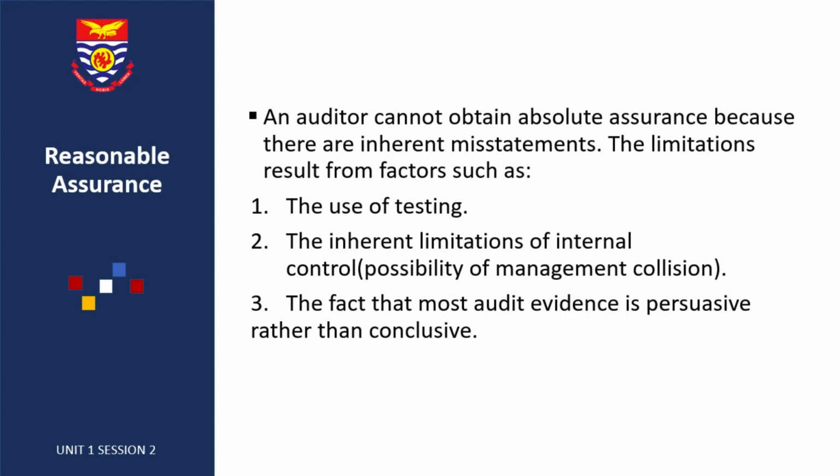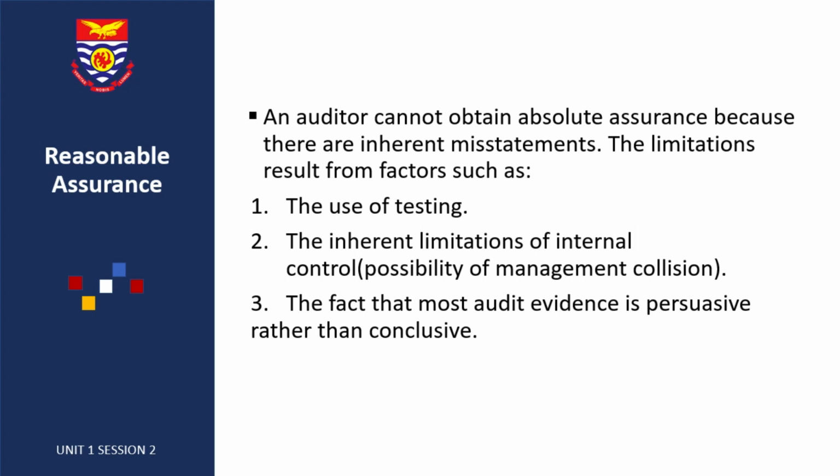Now, an auditor cannot obtain absolute assurance because there are inherent limitations, and these result from factors such as the use of testing, the inherent limitation of internal control, the possibility of management collusion, and the fact that most audit evidence is persuasive rather than conclusive. What we mean here is that the auditor cannot give absolute 100% assurance that things presented by the clients represent a true and fair view of their dealings.